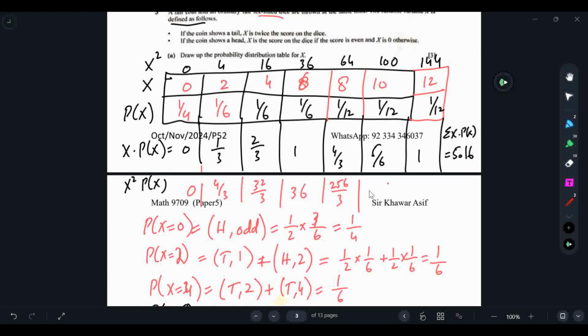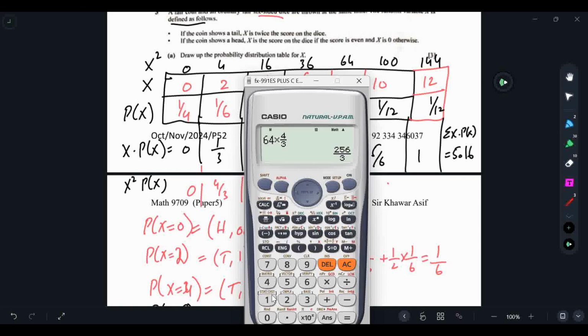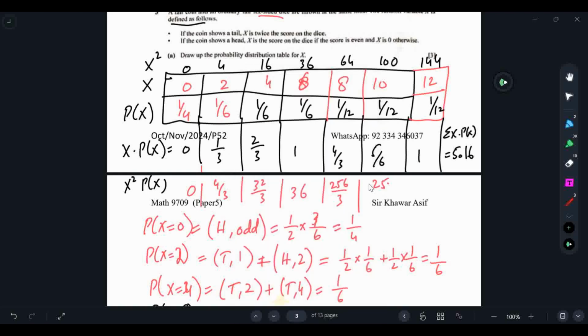And then 100 into 5 by 6, multiplied by 100, so this will be 250 by 3. Then 144, and then we need to add these numbers, summation of x square.